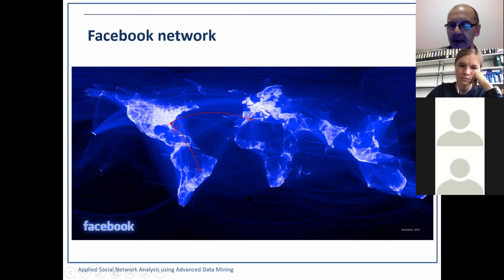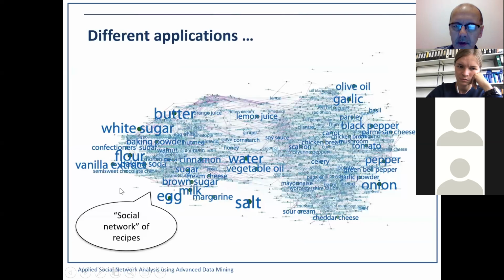That's the first abstract understanding of what a community is. High interaction among users, like here or here. That would be Sao Paulo, Rio de Janeiro, East Coast, West Coast, and so on.